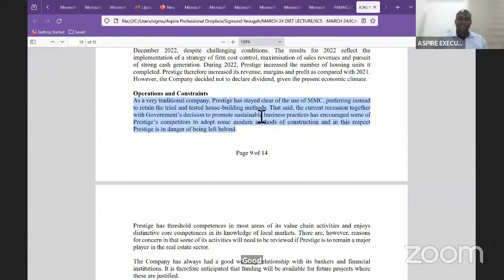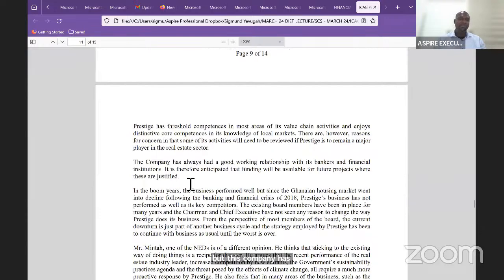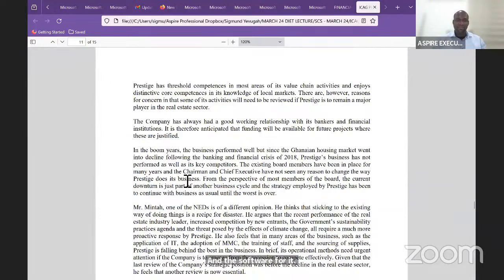That said, the current recession, together with the government decision to promote sustainable housing practices, has encouraged some of the competitors to adopt the modern methods of construction. So even government is pushing for the use of what? The modern methods of construction. But this company has relented on doing that, and they suffered for it. Exactly. They suffered for it.